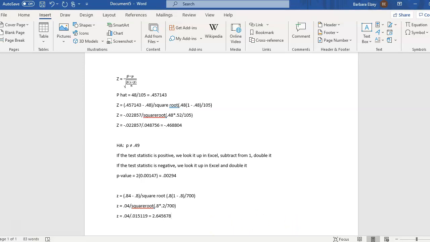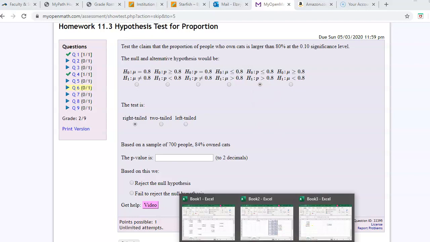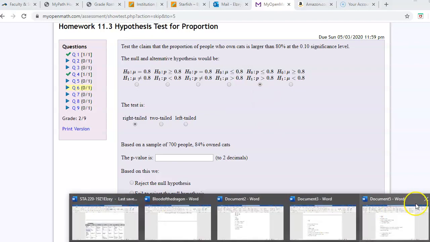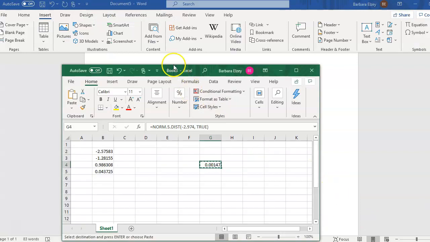Now let's go back to our alternate for a minute. Our alternate was a greater than. So once we get the value from Excel, to get our p-value for a greater than, we have to subtract it from 1. So let's go ahead, and I'm just going to bring this back up so we'll have it side by side as we look at Excel.